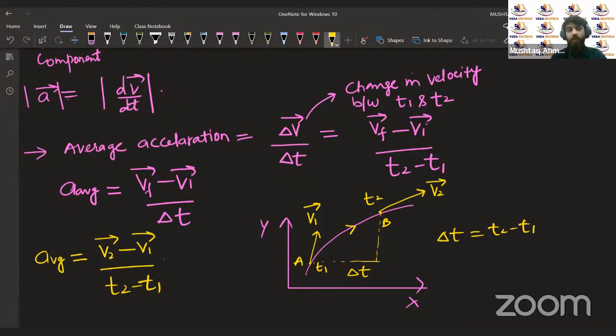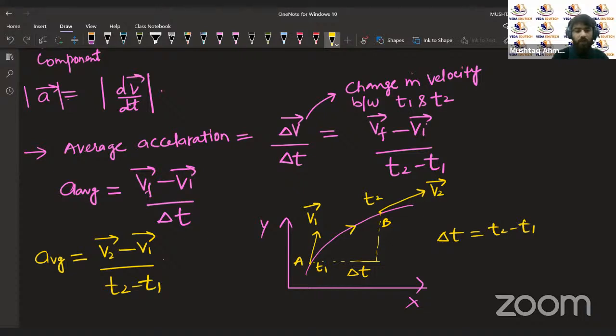Then we discussed average acceleration. It's just the change in velocity between the two times t2 and t1, where the time interval is delta t. v2 represents the velocity at time t2, and v1 represents the velocity of the particle at time t1. So we calculate it as v2 minus v1 upon t2 minus t1.